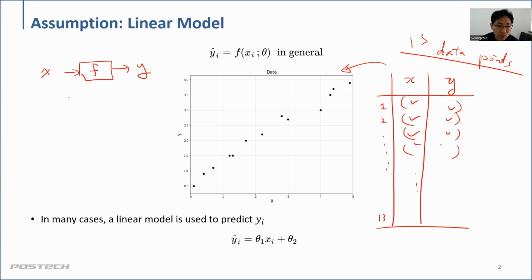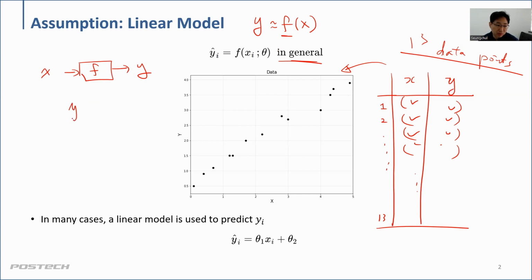In general, say Y is some approximation of f of X. Let's think about the simplest function that you can have. What will be the simplest function for f? Linear models. That's the simplest model.